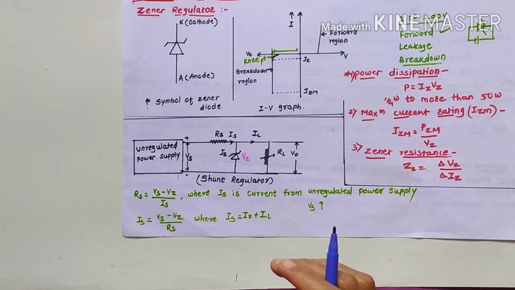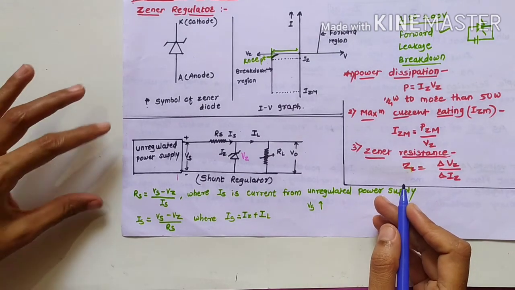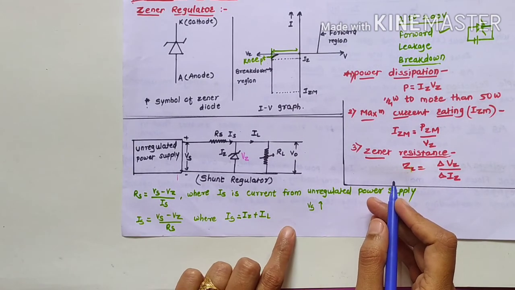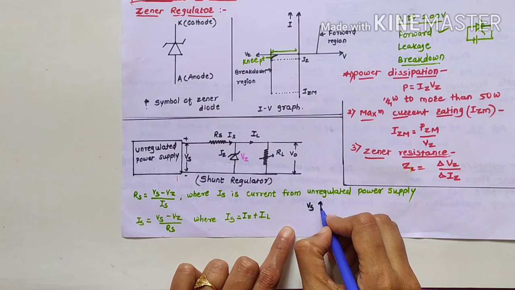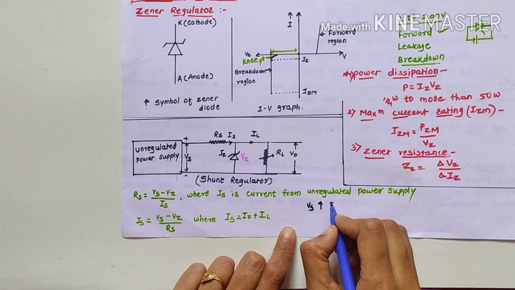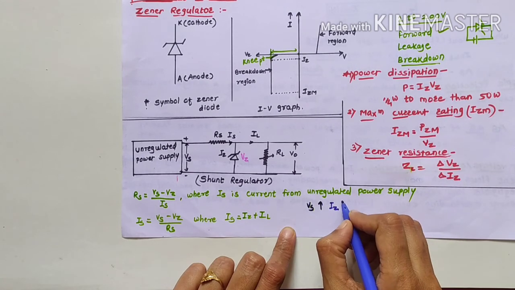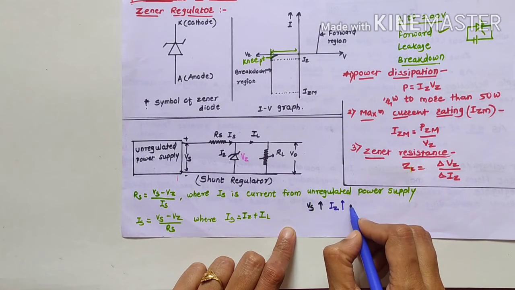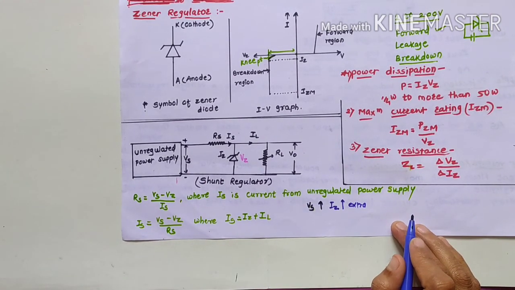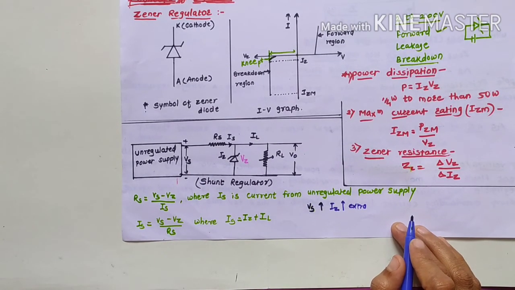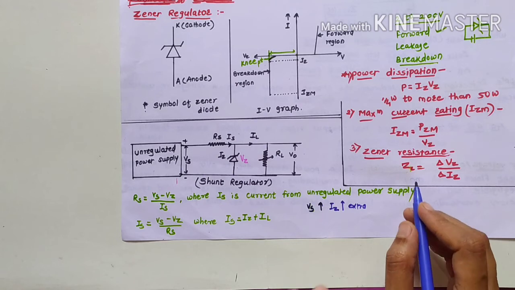Remember, students, we can write this in short form. You will get a clear idea of how to remember the working of this voltage regulator. That is, if the voltage Vs goes on increasing, therefore the current across the Zener also goes on increasing. That is the extra voltage. As this extra voltage is increased, the extra voltage is dropped across Rs, therefore the output voltage across the load remains constant.